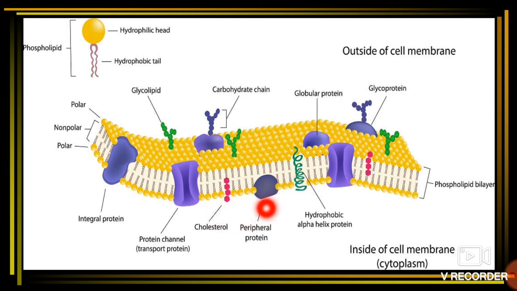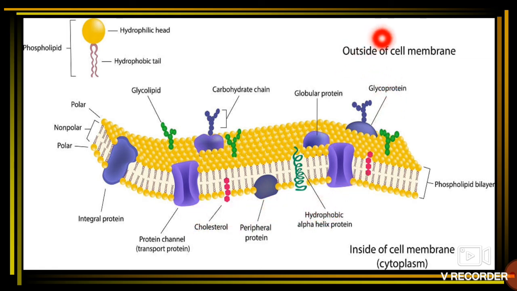Those which cross from one side to another, or are embedded inside, are integral protein. And these channel proteins allow things to pass from one side to the other. So this is the structure of the plasma membrane.